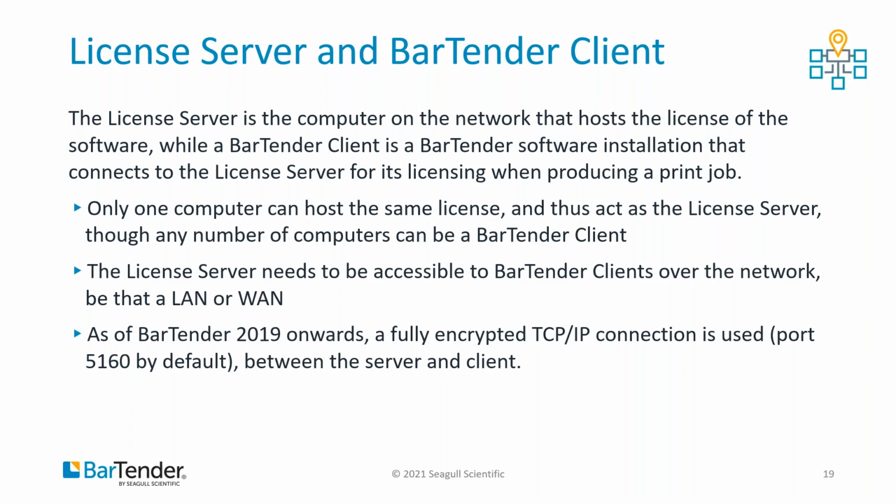So for example, you could have a license server hosted and located at an international organization's head office, and each of its regional and remote offices are connected to that office, perhaps via VPN, to form an overall wide area network. BarTender clients operating at that remote site can get their printer licensing from that centralized license server.